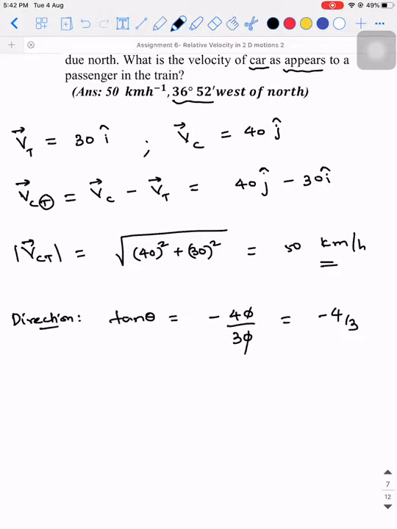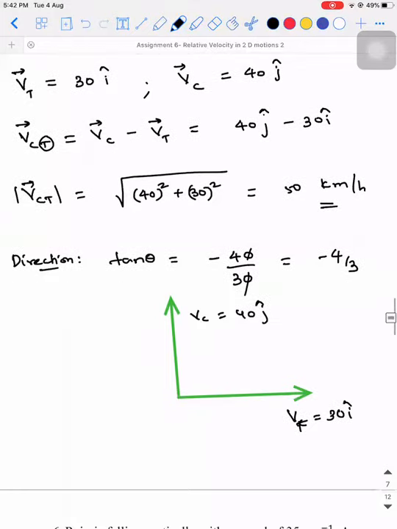So what exactly is happening here is, this velocity of car, which is 40 j cap.